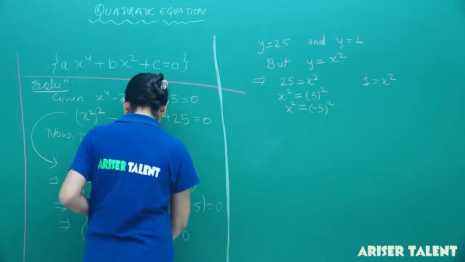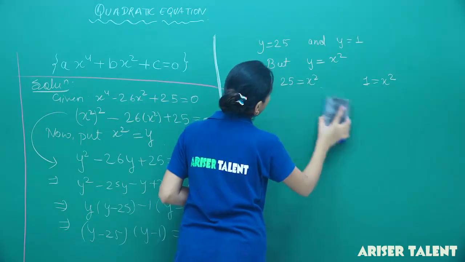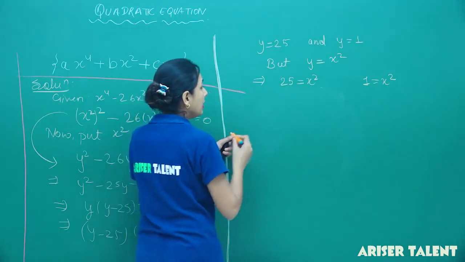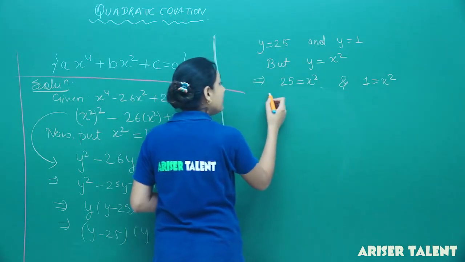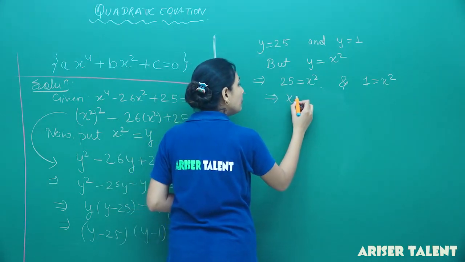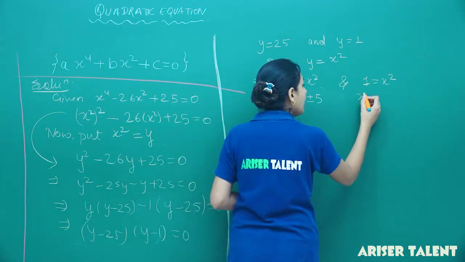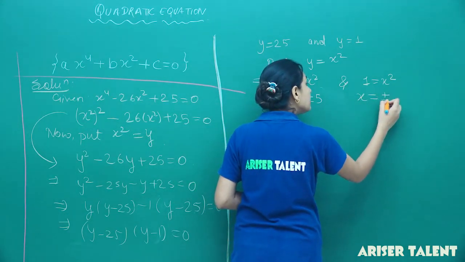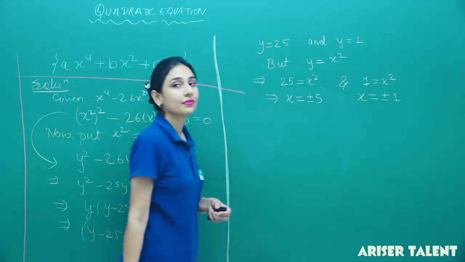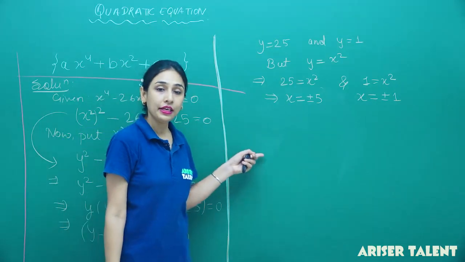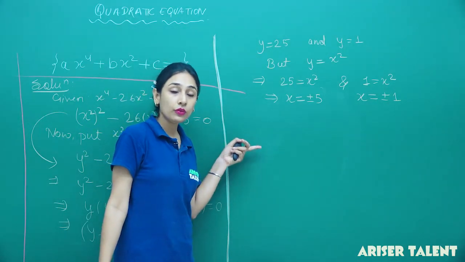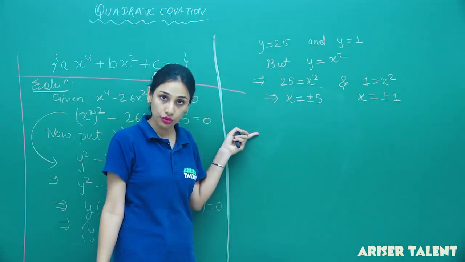So, the basic concept is the value of x from here can be what? x should be equal to plus minus 5, and same here, x should be equal to plus minus 1 here. So, basically it was an equation in degree of 4.